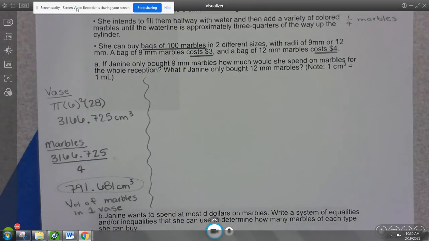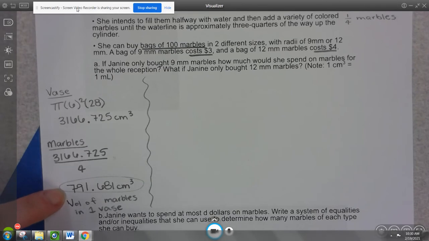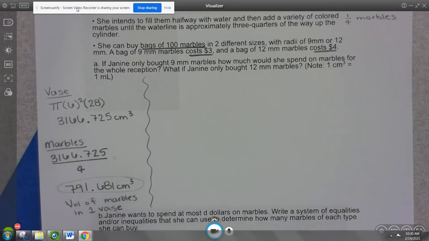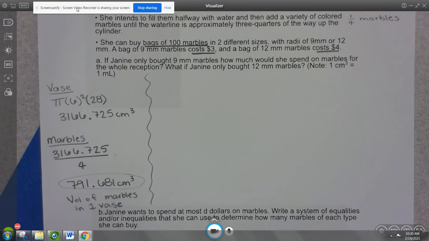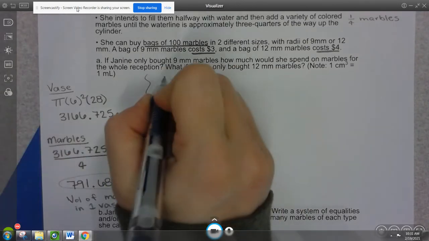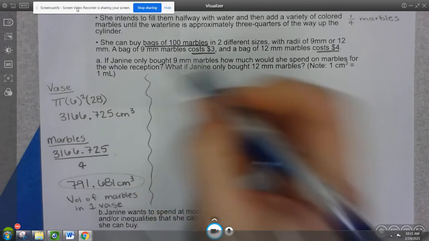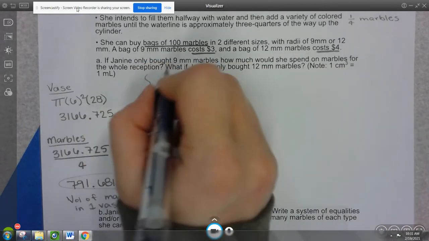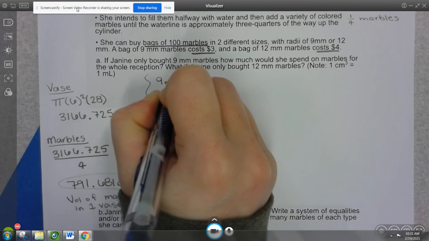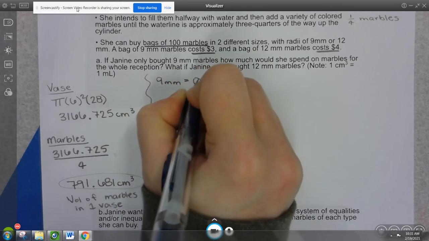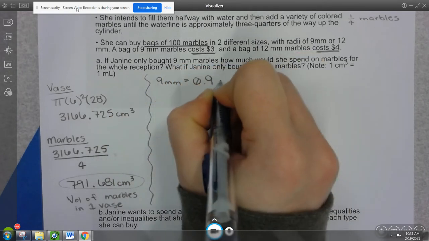Okay, so this is the total amount of volume I have to cover of marbles in each vase. Well, now I need to figure out the volume of each single marble so that I can figure out how many marbles I need in each vase to make this much volume for marbles. So this is all in centimeters. I need to convert the millimeters into centimeters first. So 9 millimeters, I'm going to divide by 10.